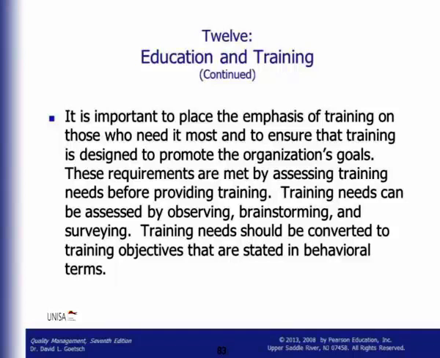These requirements are met by assessing training needs before providing training. Training needs can be assessed by observing, brainstorming, and surveying. Training needs should be converted into training objectives that are stated in behavioral terms.